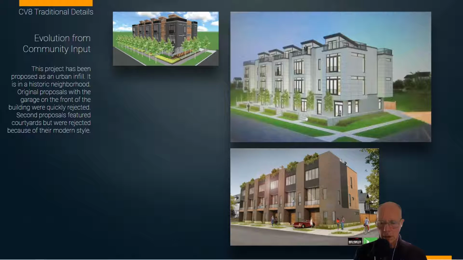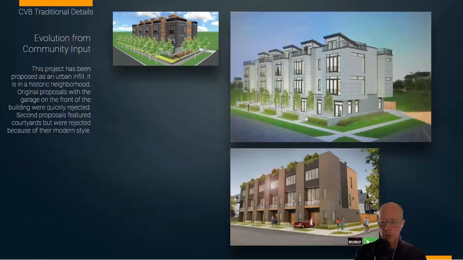So this was a very modern building, and it was quickly rejected because there was off-street parking, or garage doors on the face. And this was rejected because the community felt really strongly that we needed to activate. We have a sophisticated urban neighborhood in the city of Buffalo, and this is a historic neighborhood near Kleinhans Music Hall, a Saarinen landmark.